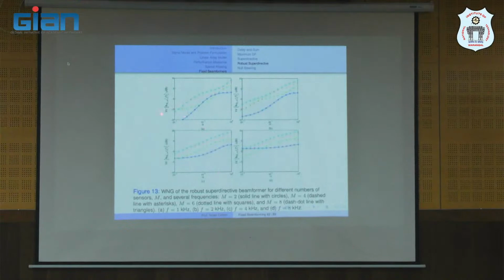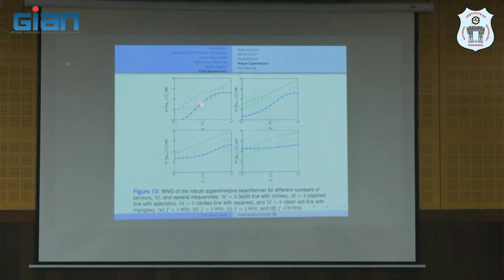And we can also plot the white noise gain as a function of alpha for different numbers of sensors. So you see here, number of sensors 2, 4, 6, 8. For a given number of sensors, this is for 1 kilohertz, 2 kilohertz, 4 kilohertz, 8 kilohertz.